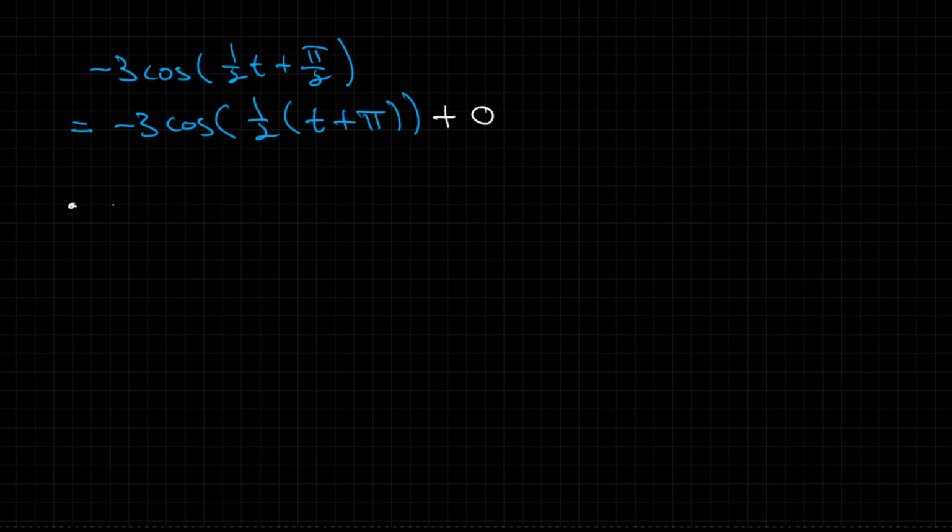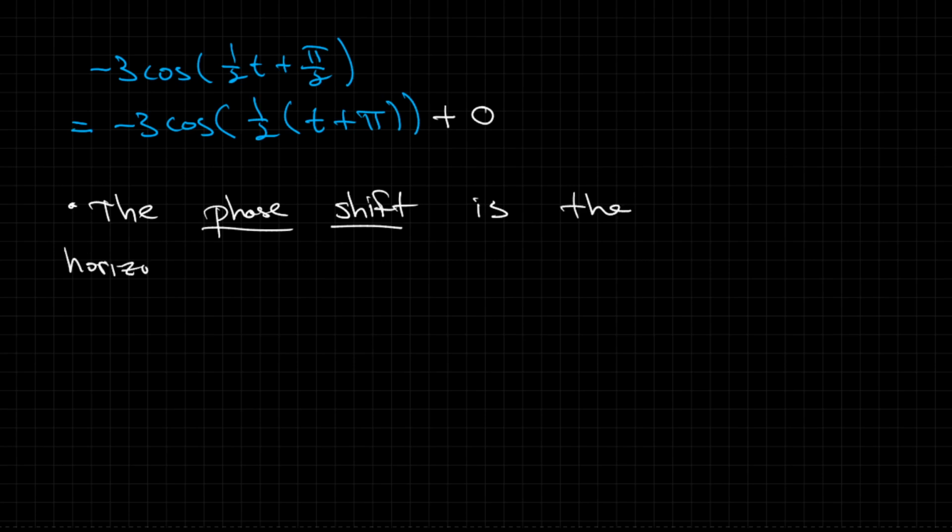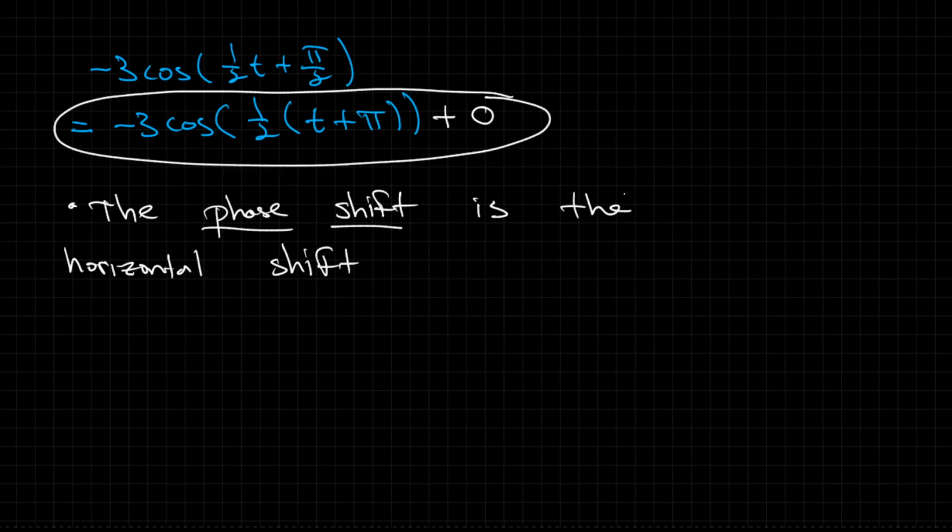So the phase shift of a transformation is simply the horizontal shift. But it's the horizontal shift when we have this form here, that is when we list the shift last. And it has the convention that if it's a left shift, we put a negative.